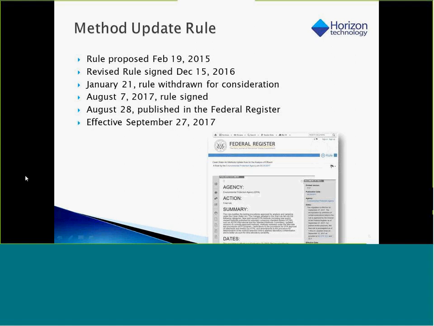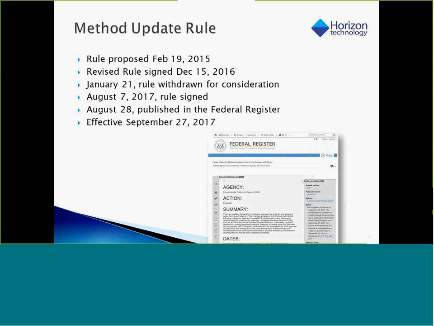So about this specific rule, it was proposed in 2015. The revised rule, with many comments that had been submitted in the docket, was signed on December 15th of 2016 by the previous EPA administrator. January 21st, the rule was withdrawn for reconsideration by the new administration.